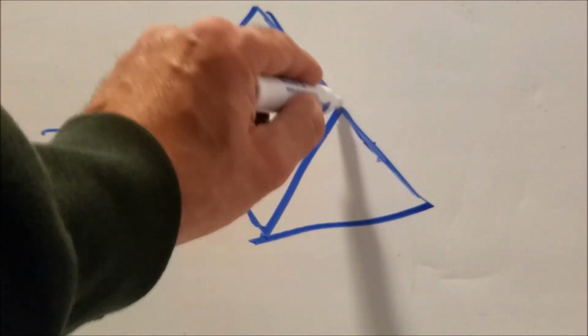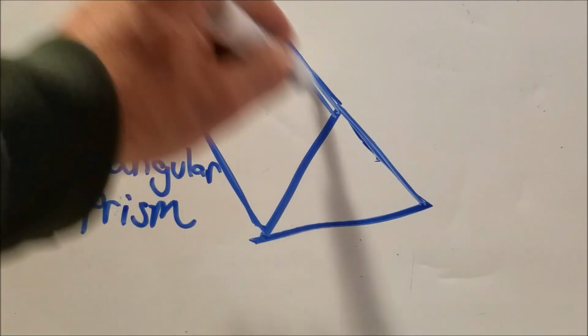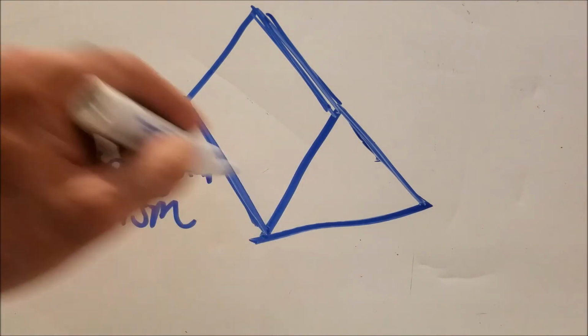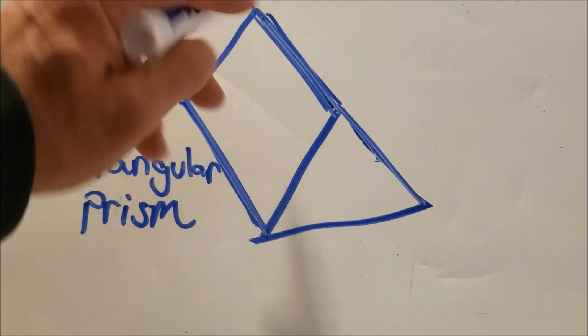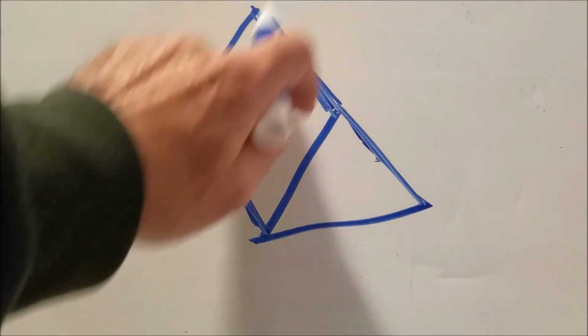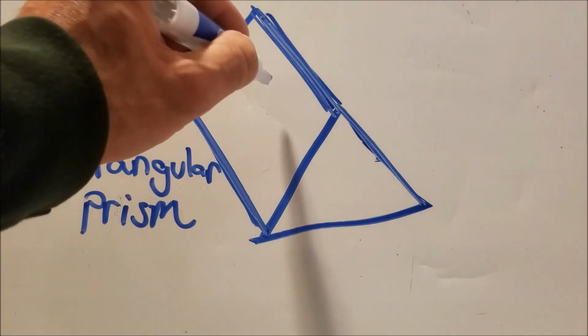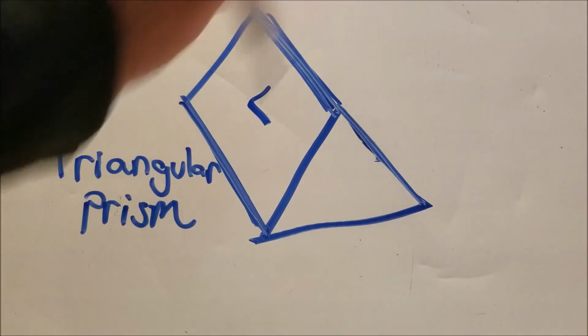And again, it's not a pyramid because, remember I said with a pyramid, only one face or less can be a non-triangle, right? So in this case, we have a left and a back side that's not a triangle. That's more than one.